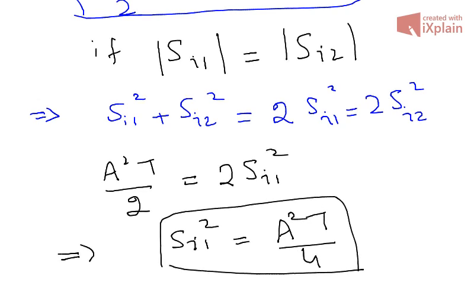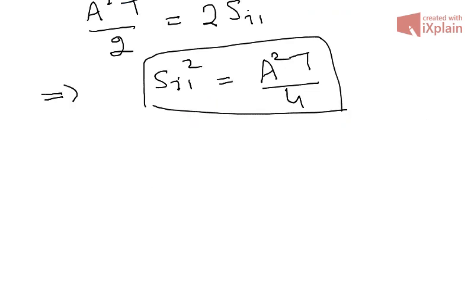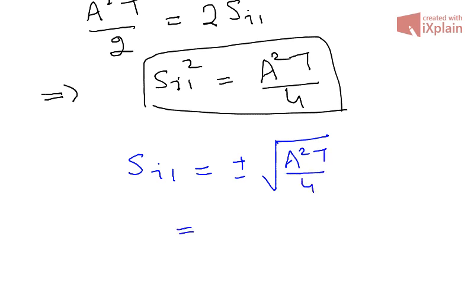Or you can say that your psi1 is actually equal to plus minus the root of A square T over 4.